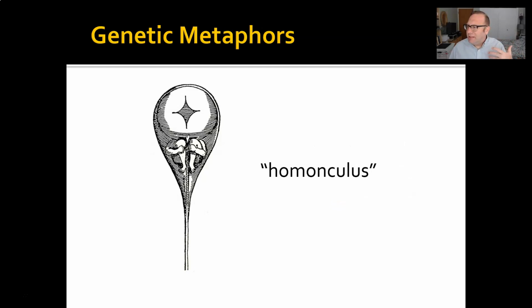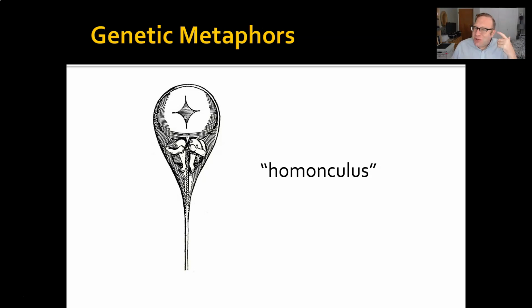And a homunculus is basically a tiny, unformed human being. It's almost like the blank template of a human being was the idea. And that this homunculus would make its way into the uterus and would just grow there. That was the common understanding of reproduction for quite a long time in the West.